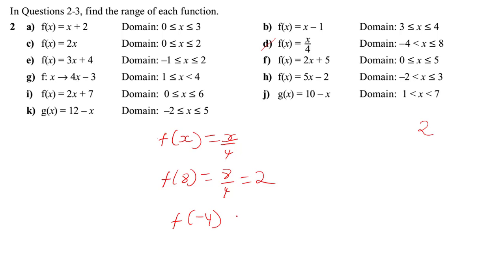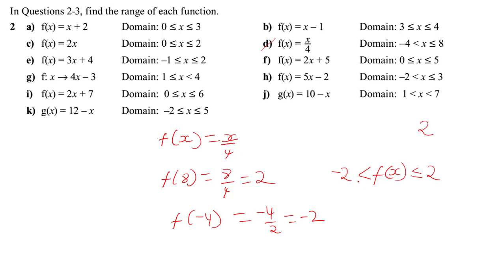So that's going to be negative 4 divided by 4, which is going to be negative 2. So our range f of x is going to be between 2 on the higher side and negative 2 on the lower side. Now notice that f of x is bigger than negative 2.